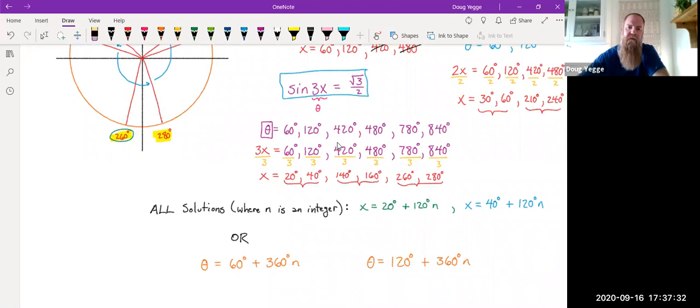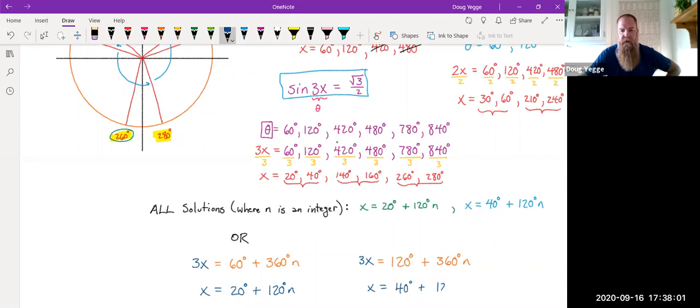But now, since we were trying to solve for 3x, what we're going to do at this point is recognize that 3x is equal to 60 degrees plus 360n. And so if we divide by 3, notice that we get x equals 20 degrees plus 120 degrees times n, or 40 degrees plus 120 degrees times n.